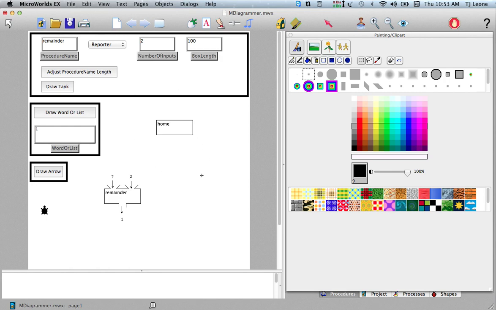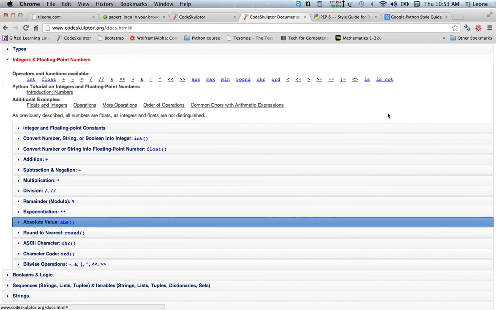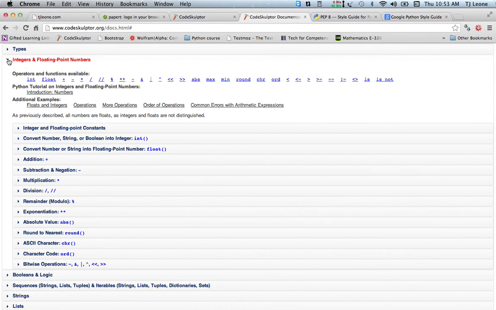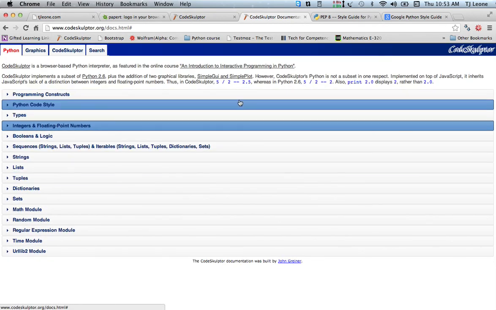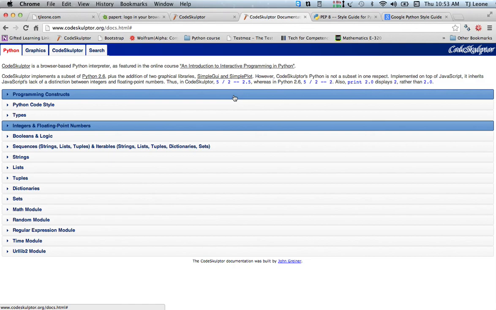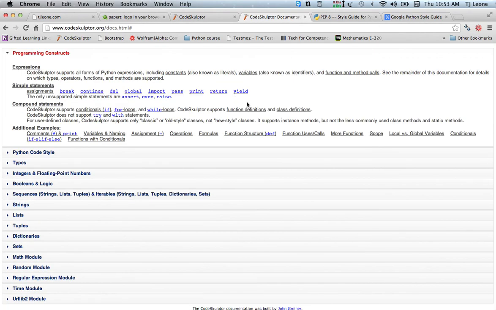Also in Python, there are these things called keywords. Here, they call them simple statements.